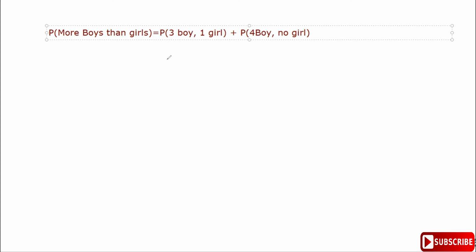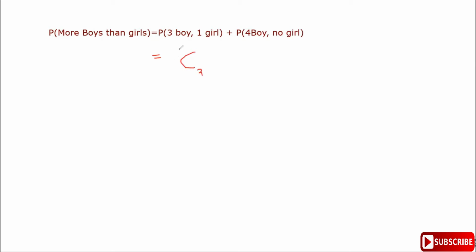So the probability of you choosing 3 boys and 1 girl is where you're choosing 3 boys from 8, times, if you're choosing 1 girl, you're choosing 1 girl from 6, and that's being divided by, remember, we are choosing 4 from 14, plus over here, you're choosing 4 boys from 8, multiplied by you're choosing no girl, so you're choosing 0 girls from 6.